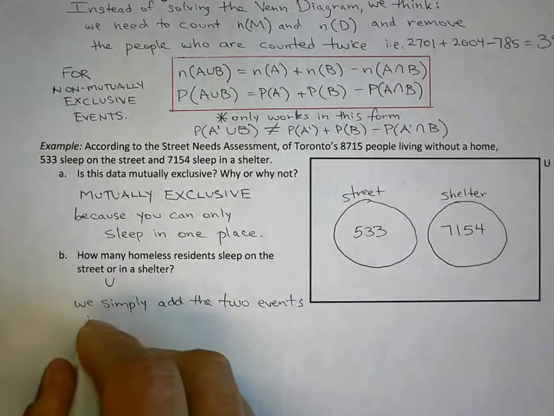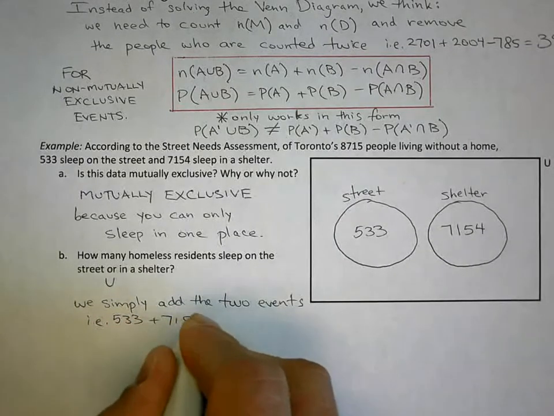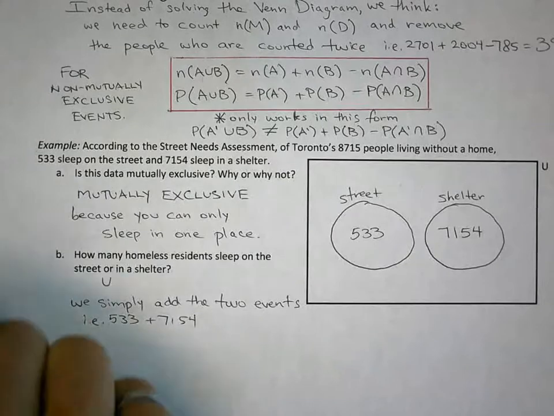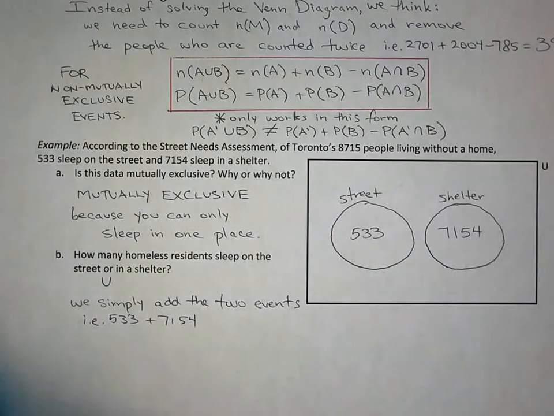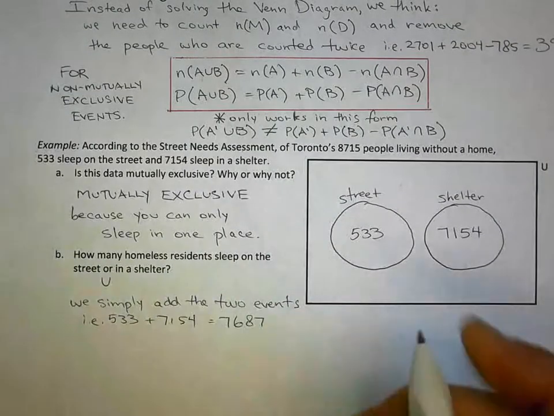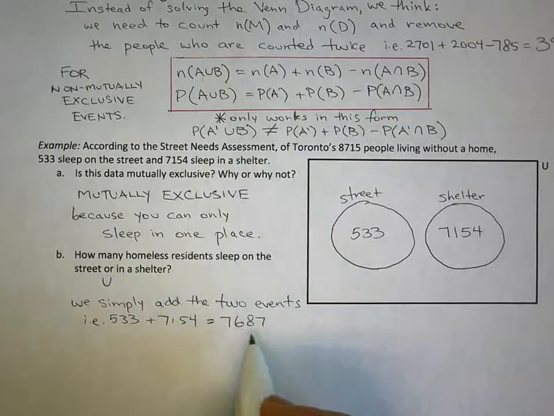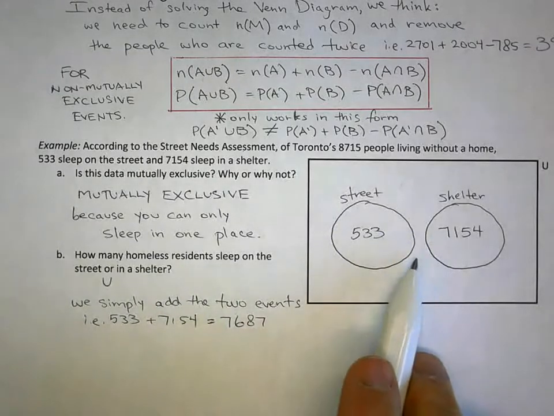So that is 533 plus 7,154, which is 7,687. This example is a lot easier because no people are counted twice. We don't have that issue of the intersection.